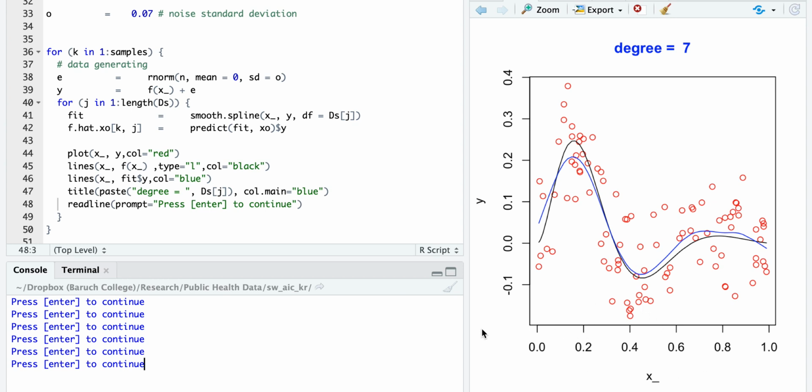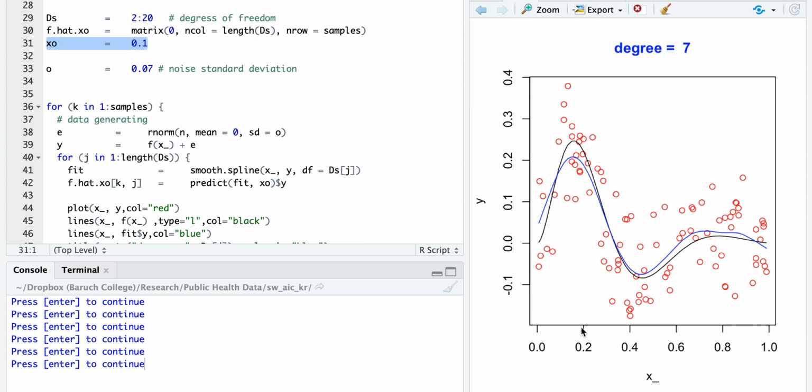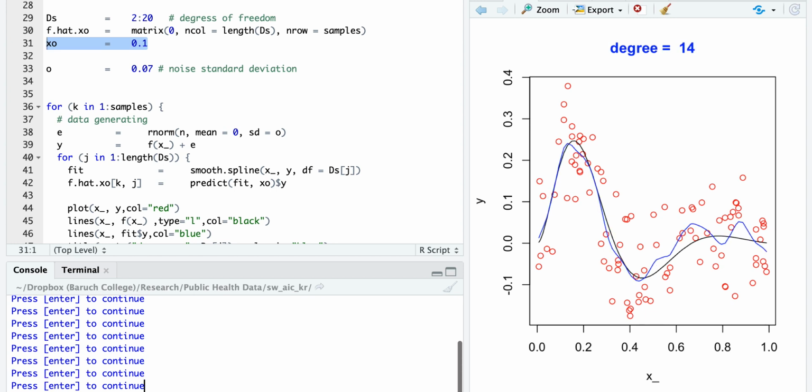So as we press enter and increase the degrees of freedom, we are filling the first row, first column, second column, third column, fourth column, with estimates of f hat xo at xo, which happens to be 0.1.